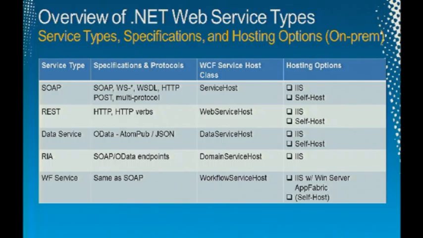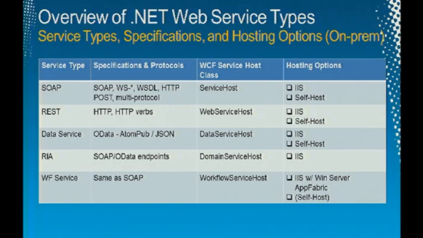This is just a very quick recap of what is available, and I'm talking still on-premises, in the .NET platform in terms of the different .NET service types that you can implement. You have SOAP, you have plain REST services, you have the data services, or OData, with a couple of different variants, RIA as well, and finally you have the workflow-based services that we introduced with .NET 4.